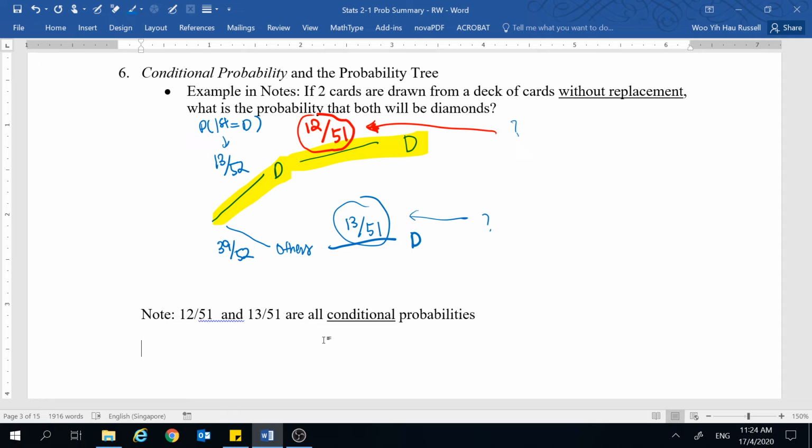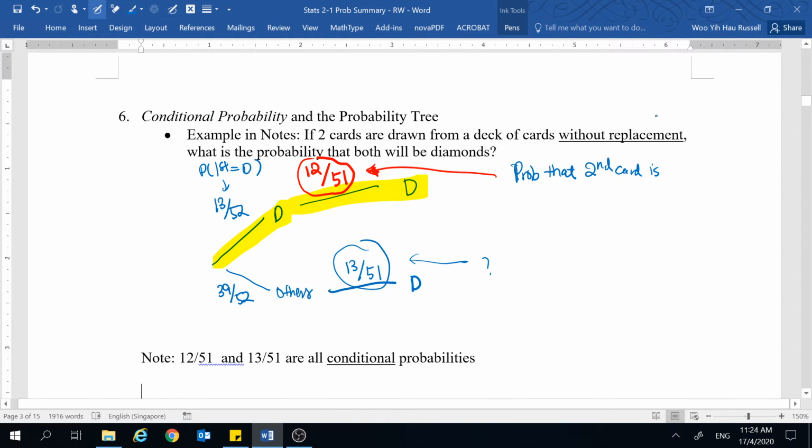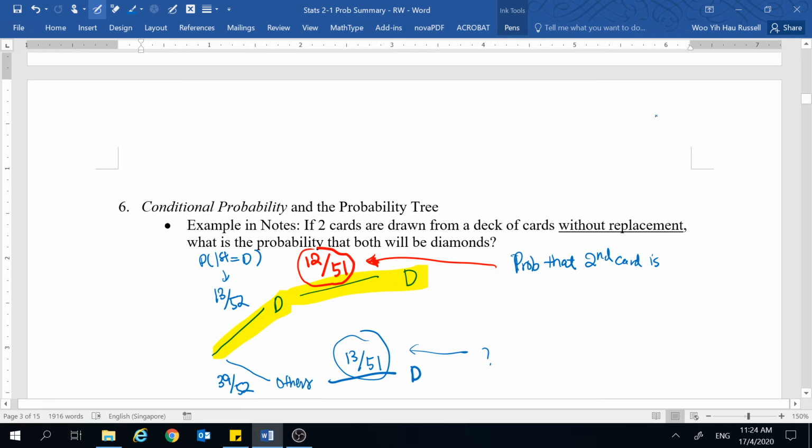Because 12 over 51 is actually the probability that a second card is a diamond, given that your first card must be a diamond first.